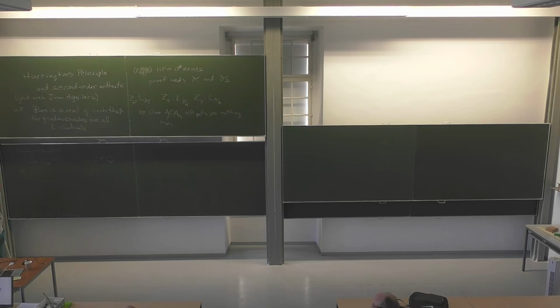So let me try to make this sound more difficult than it actually is, just so you feel as though you got your money's worth by coming over here. The connection is not immediately clear, because if you think of subsystems of Z2, so you think Pi^1_n comprehension.